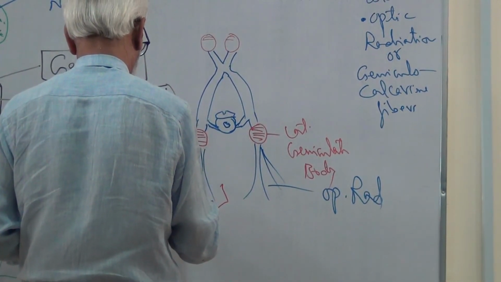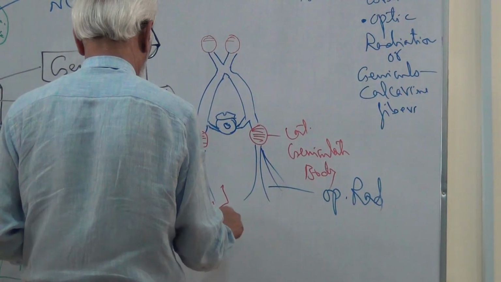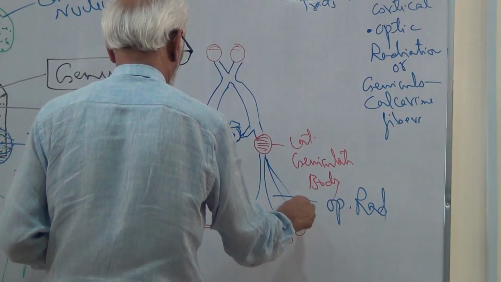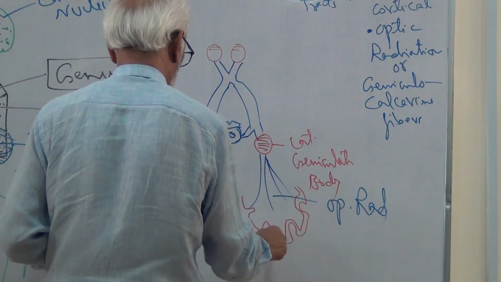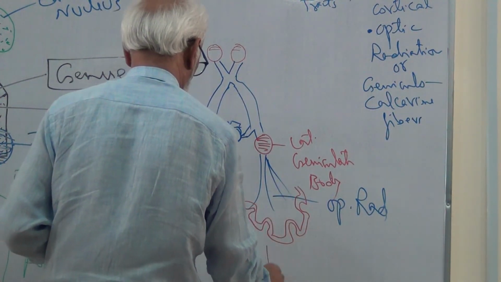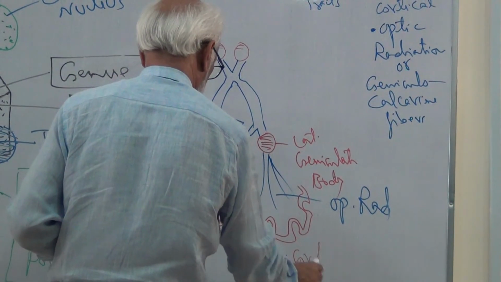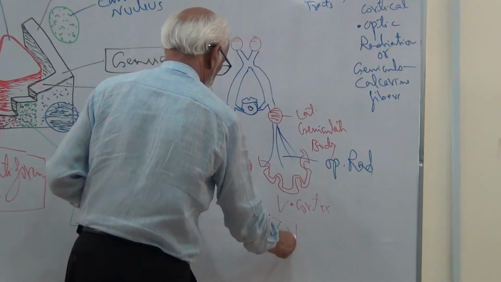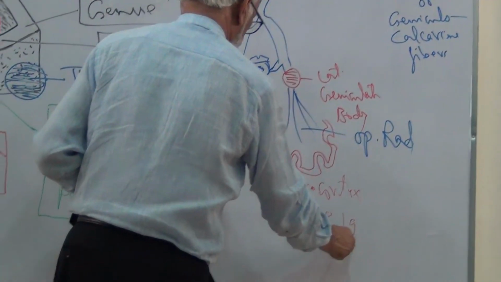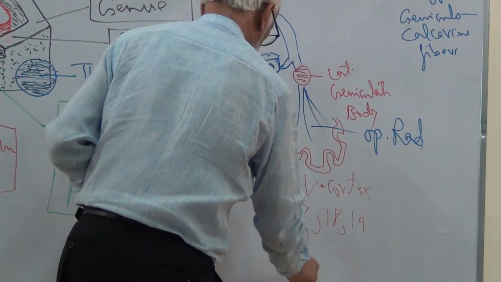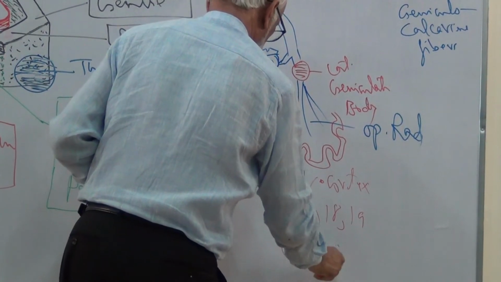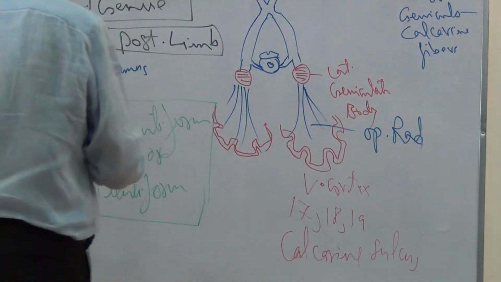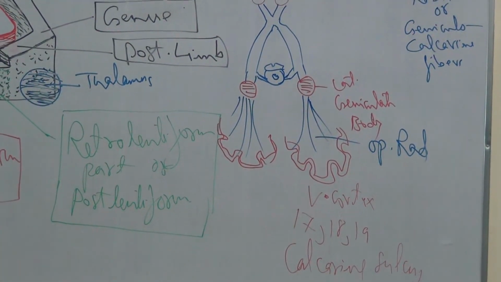Occipital lobe, visual cortex, area number 17, 18, 19, calcarine sulcus.